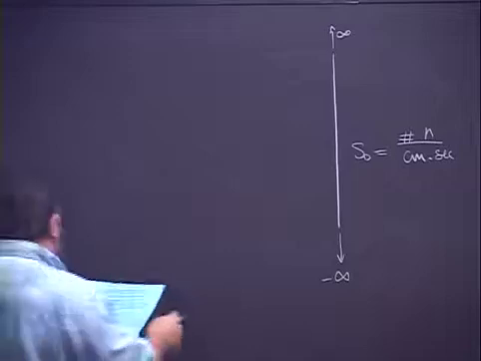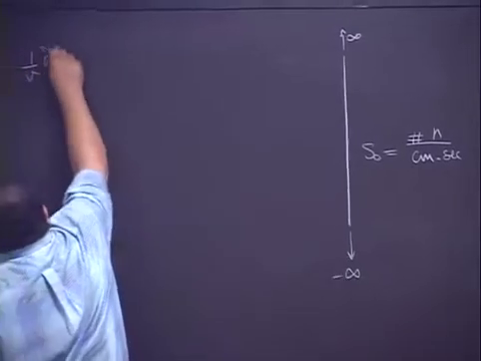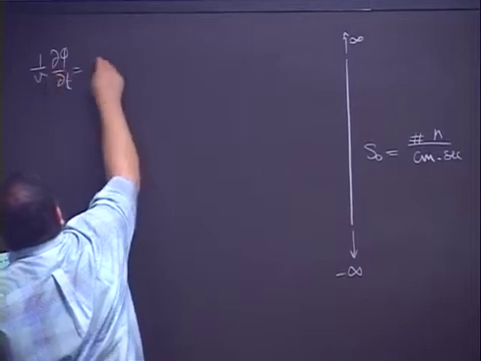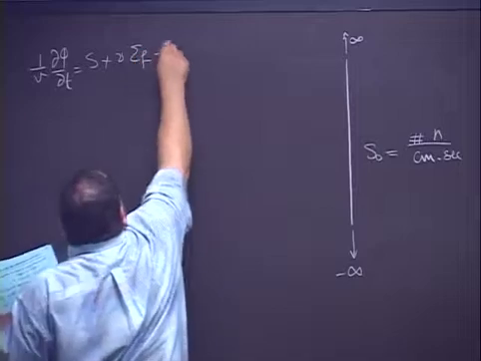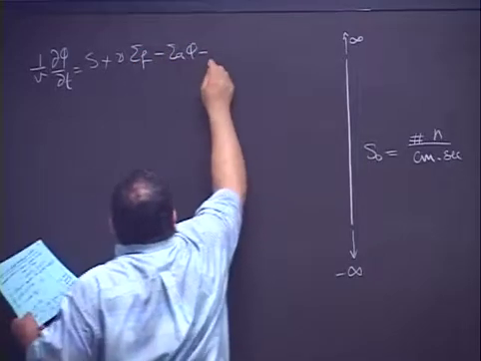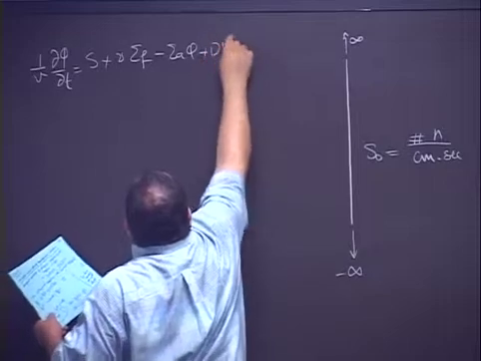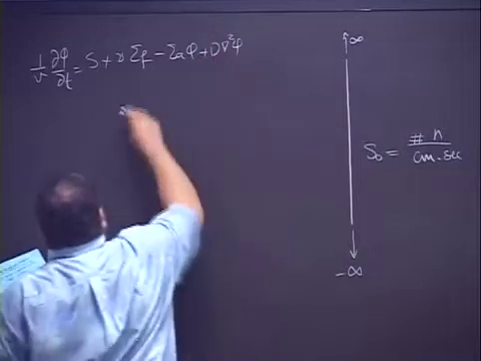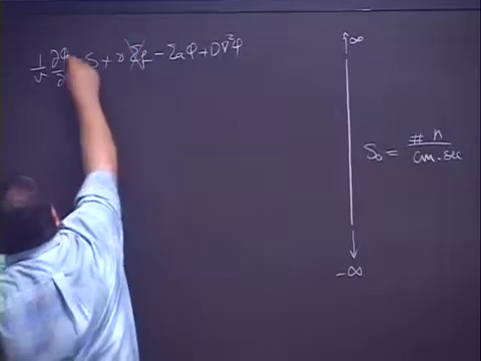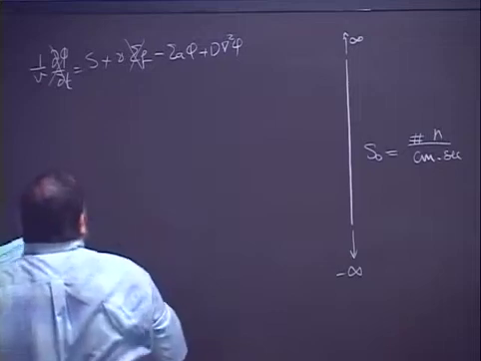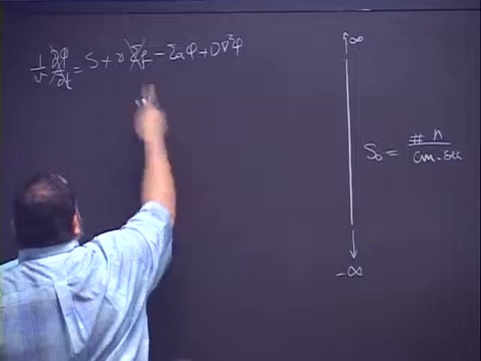Again, the diffusion equation: 1 over the velocity, d phi by dt, equals the source plus nu sigma fission minus sigma absorption, times phi, plus D Laplacian phi. With non-multiplying media, the fission term equals 0. At steady state, the time derivative term equals 0, and we end up with this type of equation.